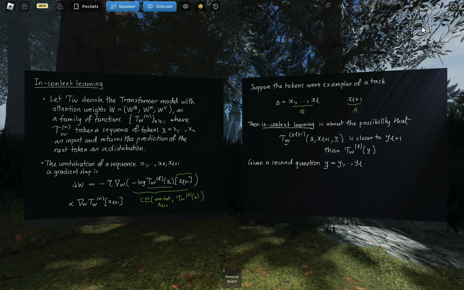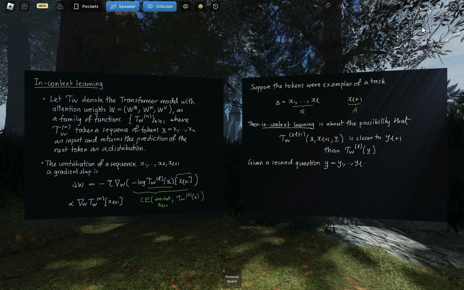Or you can take, with the same weights, a transformer which takes in the sequence of the given example plus your question, and then returns some other distribution over possible tokens Y_{L+1}. Now it may be that that cross entropy is actually lower than the cross entropy you get out of this distribution. And you might say that's to do with the example being useful, to learn to predict better for the next question.